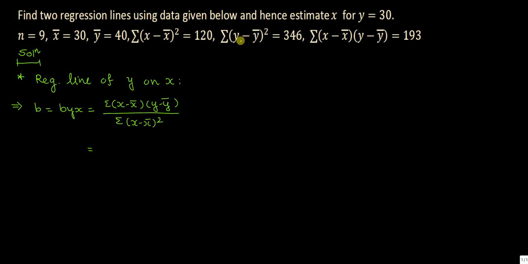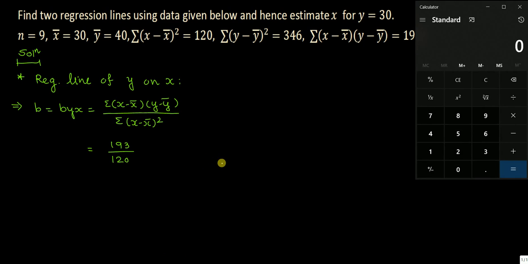That is 193 divided by 120, which gives us 1.61.